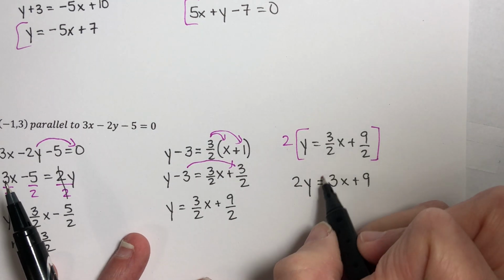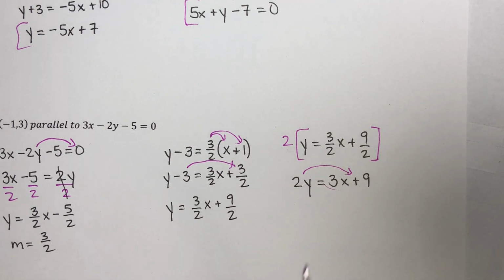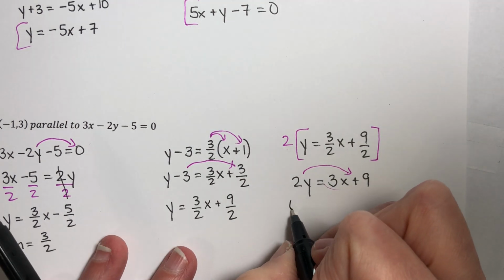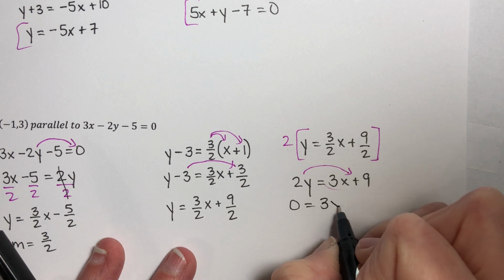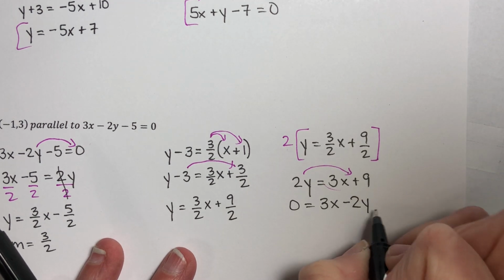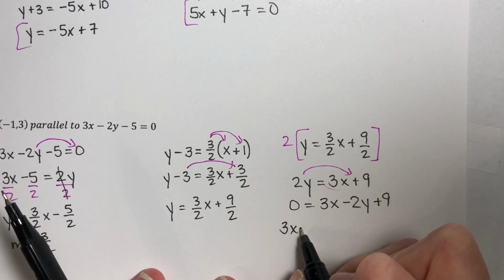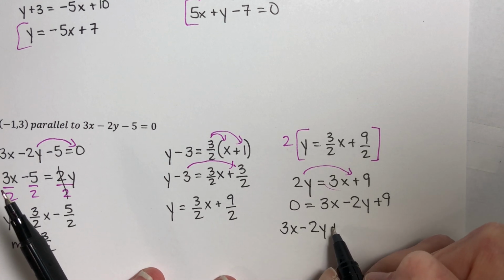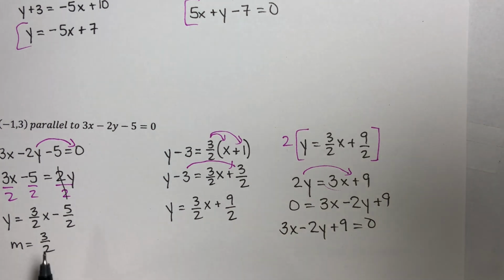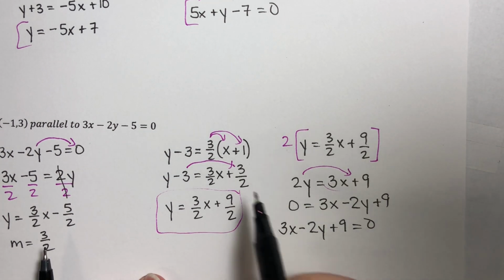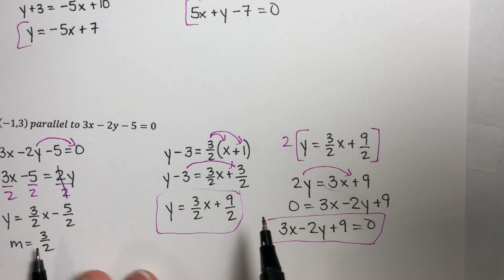So that means, since this is already positive, I'm going to move this one over to here this time. So I get 0 is equal to 3x minus 2y plus 9, which is probably better written 3x minus 2y plus 9 is equal to 0. So each of these is your answer.